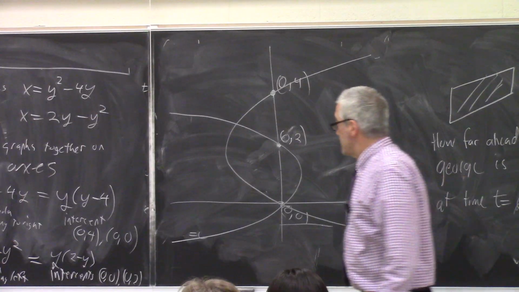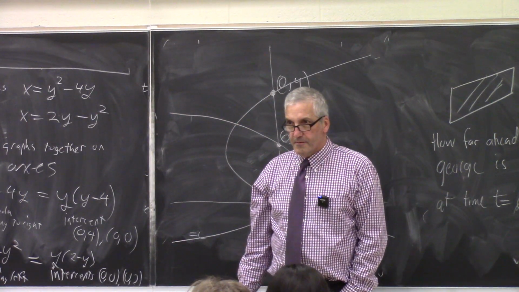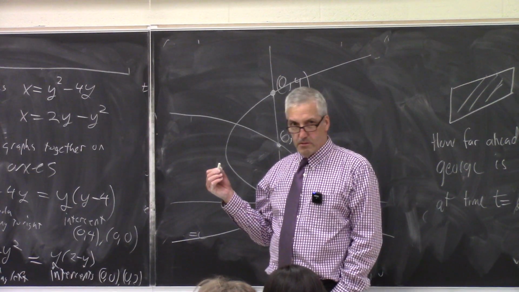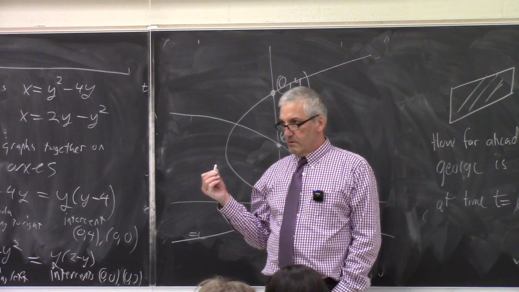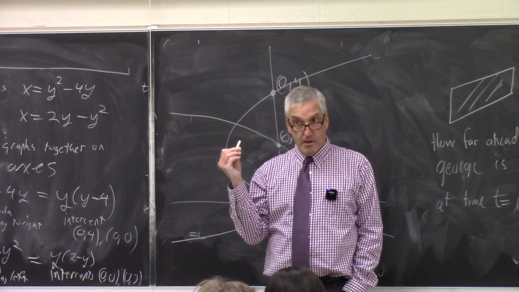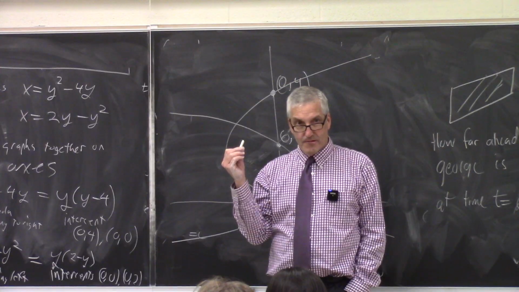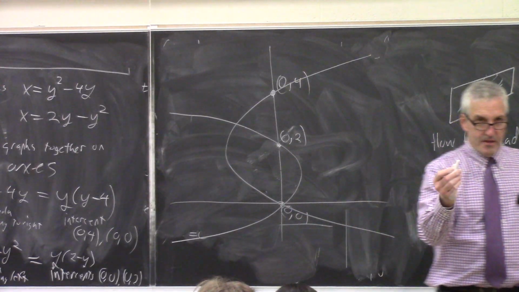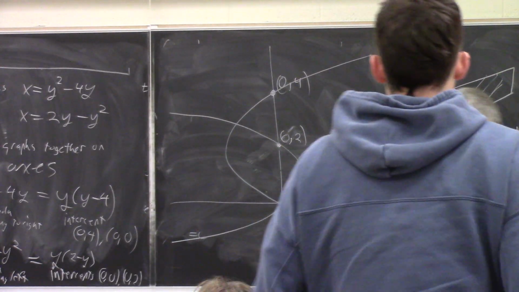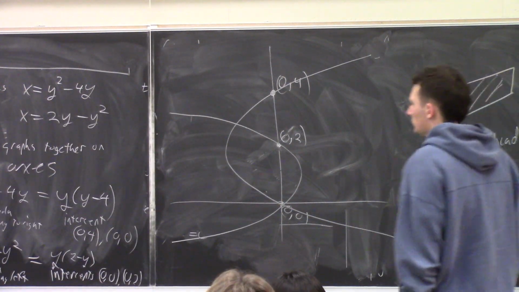All right. Somebody come shade the simple region. Trent? And while you're at it, color the top graph red and the bottom graph green.